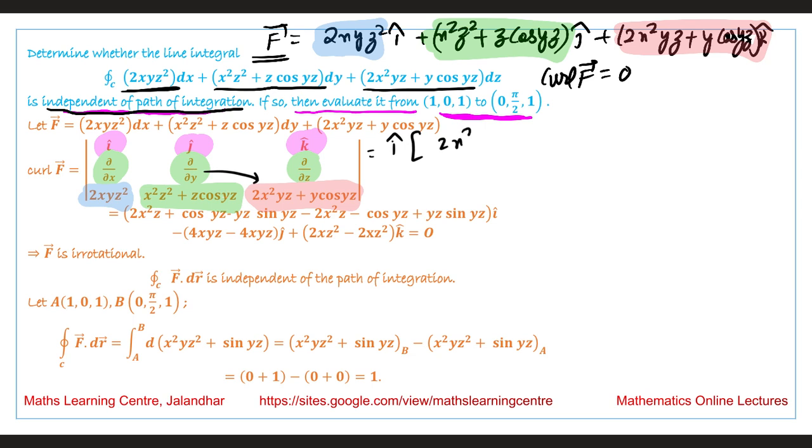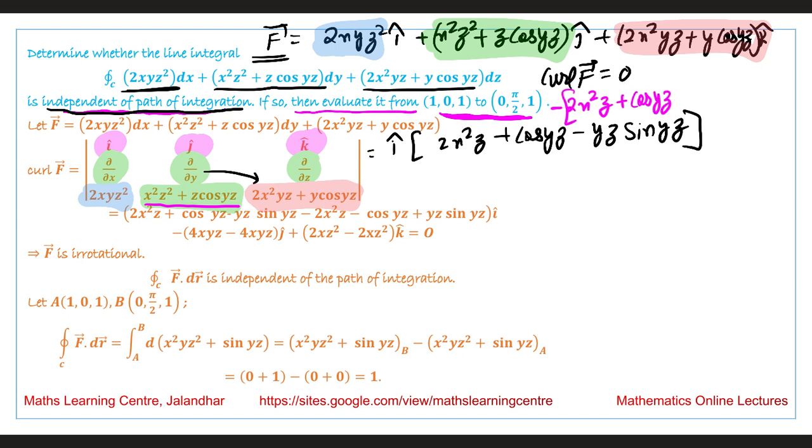So the answer we are getting is 2x square z plus cos yz, with a minus sign over here, minus yz sin yz. This is with i cap. Then we have the partial derivative of this term with respect to z. So the answer we will obtain is minus 2x square z, then plus cos yz, this minus sign is there, and the last term we will obtain is minus yz sin yz.